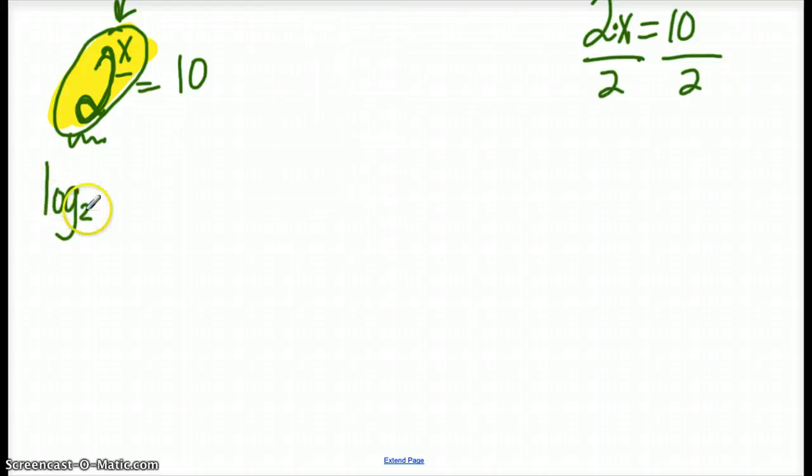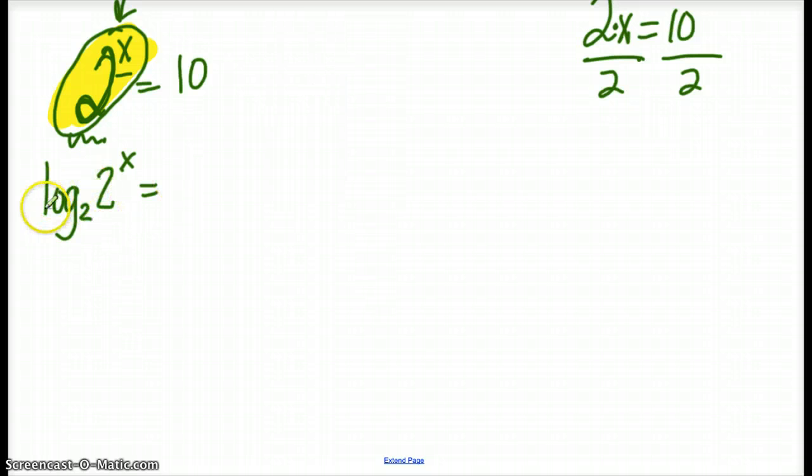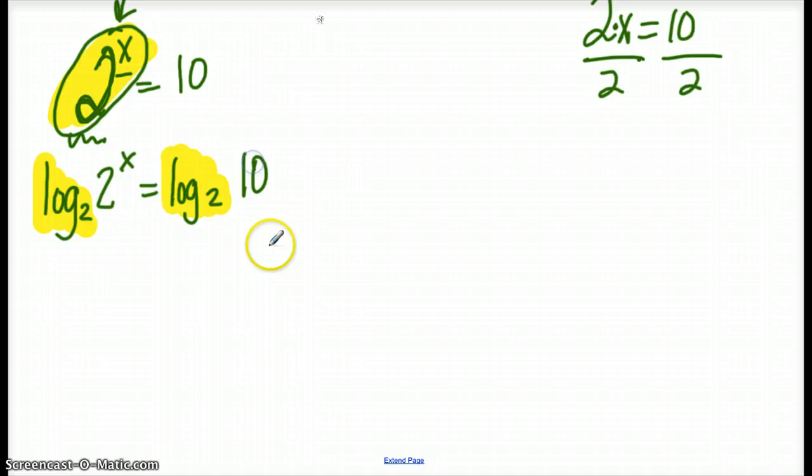And that's what it's called, log base 2. And then you're going to write 2 to the x equals. Now what you put on the left side, the log base 2, you also have to put over here. Just like everything else, if you do it to one side, you have to do it to the other. So I'm going to put log base 2 here, and then I'm going to bring the 10 down.